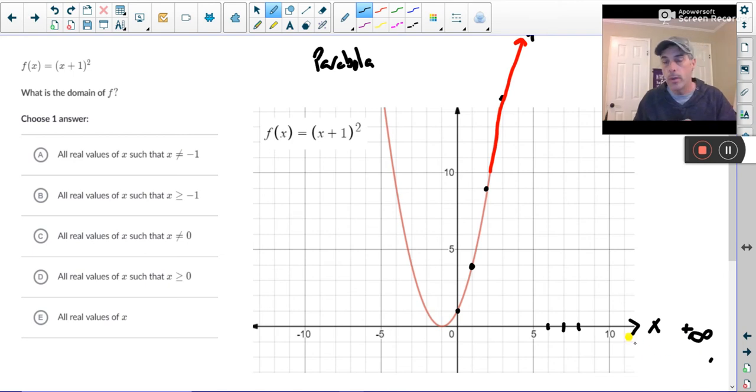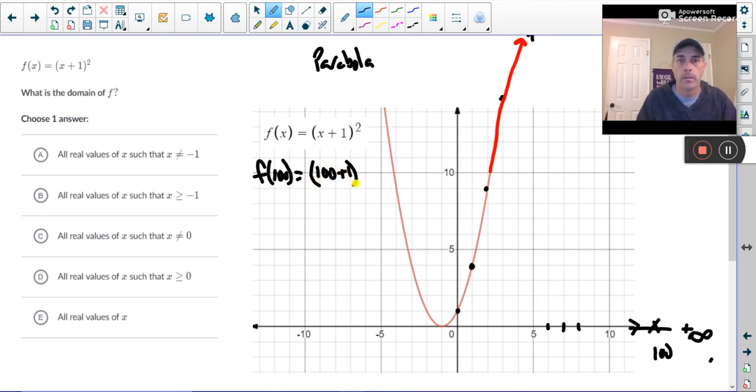If I were to go all the way out to x is 100, I would say, is there an output at f of 100? Well, f of 100 would be 100 plus 1 squared. 101 squared is a really big number. I don't have a clue what it is, but it's a real number. It's just going to be a really big real number.